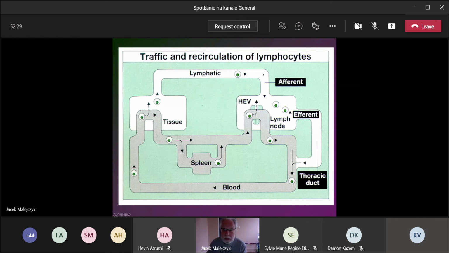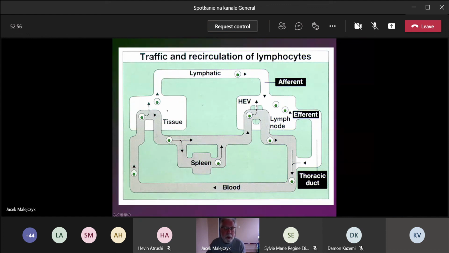Well, just to summarize, as you see, we have a lymphatic system and the blood system. The lymphatic system operates on the basis of the lymph nodes, which form a network within the lymphatic system. We have a blood system with the spleen.